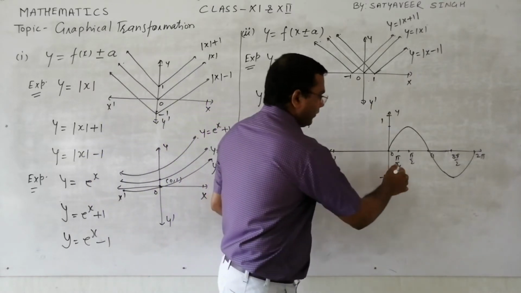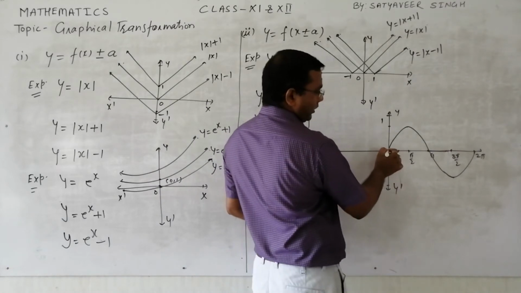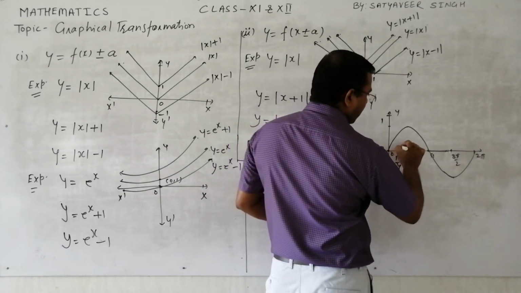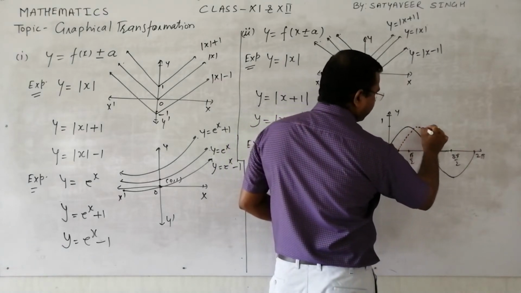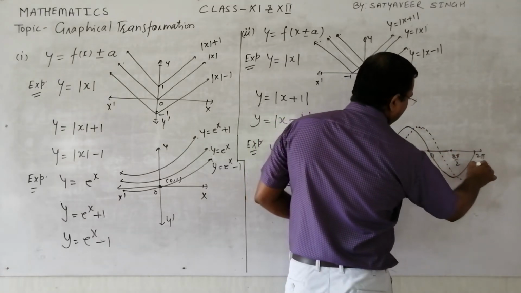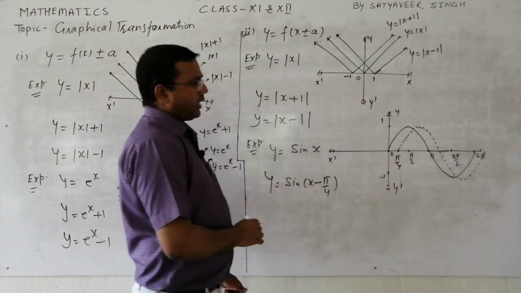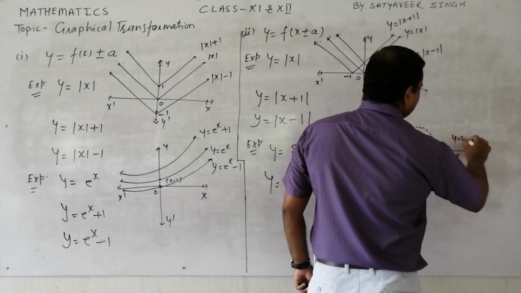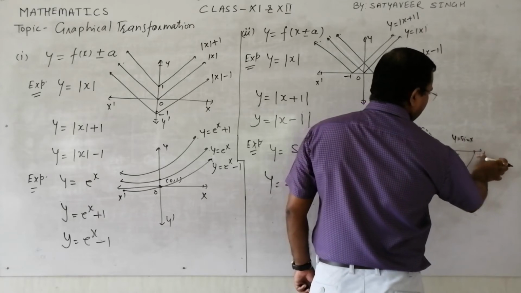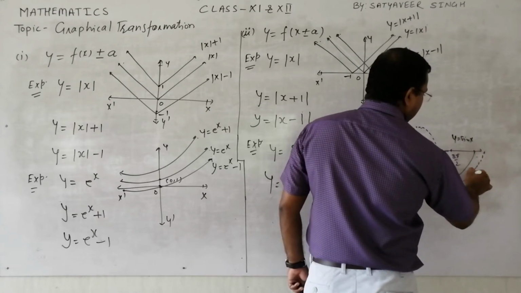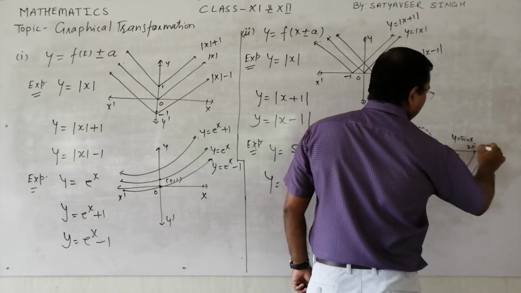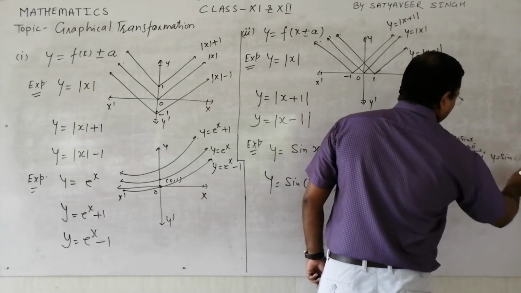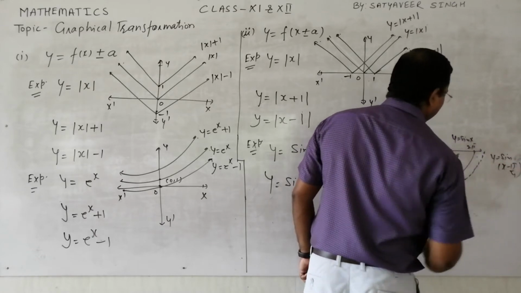Now this point we assume is the 0 point, and parallelly if you draw a graph, this one is the graph of y = sin x. Then this dotted graph is the graphical representation of y = sin(x - π/4).